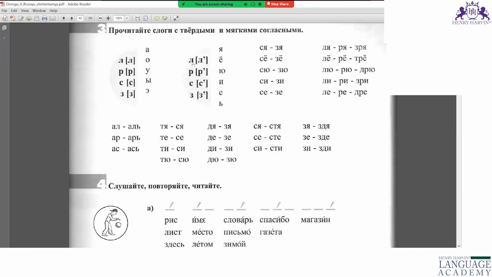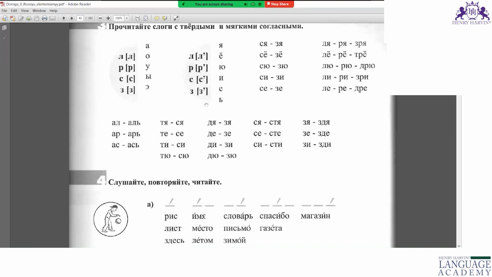Here we have the same but combined with soft vowels. Ля, лё, лю, ли, ле, ль. Soft sign. Ря, рё, рю, ри, ре, рь. Ся, сё, сю, си, се, сь. Зя, зё, зю, зи, зе, зь.